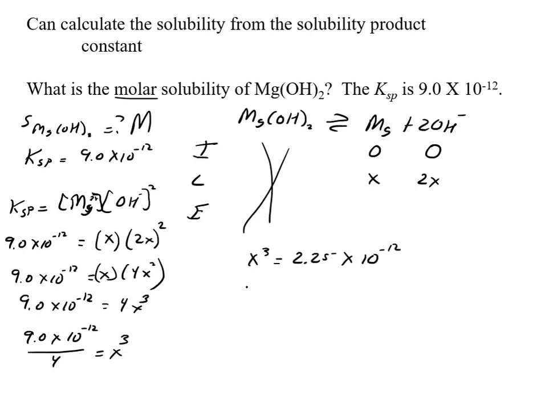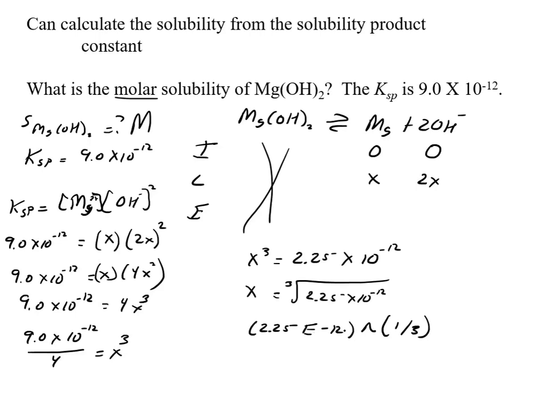So now I need to take the cube root of both sides. The way that I enter this into the calculator is I enter 2.25 e to the minus 12 raised to the power of 1 divided by 3.